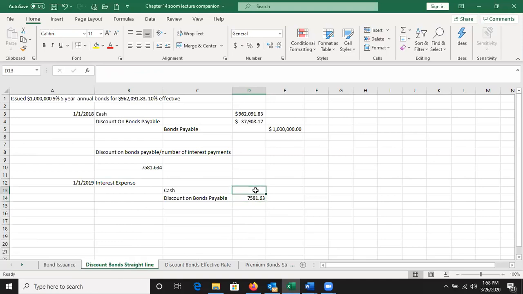Cash is going to be credited for the interest we have to pay. The interest we have to pay is $1 million total times 9%. So $1 million times 9%.